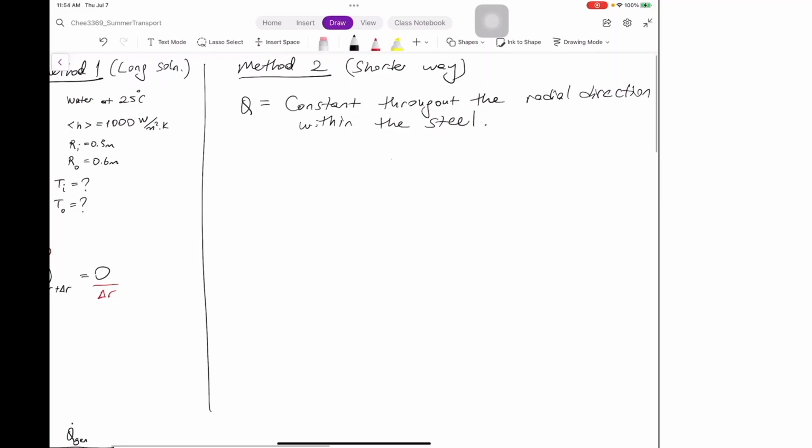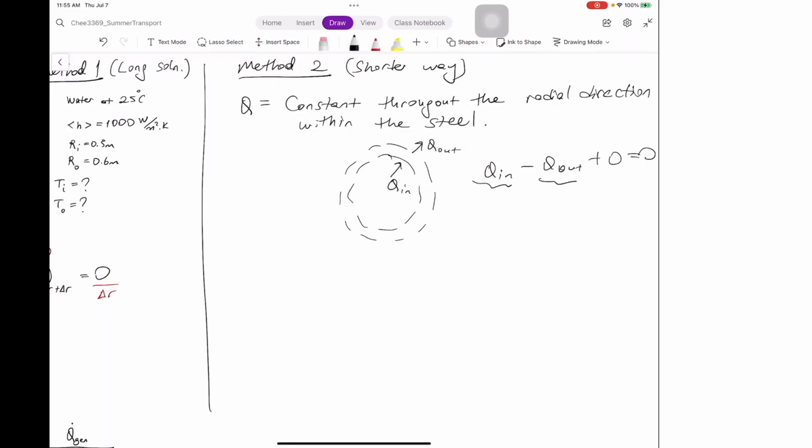The reason is because if you do the shell balance in the steel, you can say Q in minus Q out plus 0 is equal to 0. So Q in is equal to Q out. Basically, although the flux changes just because the area changes, the Q in is equal to Q out.